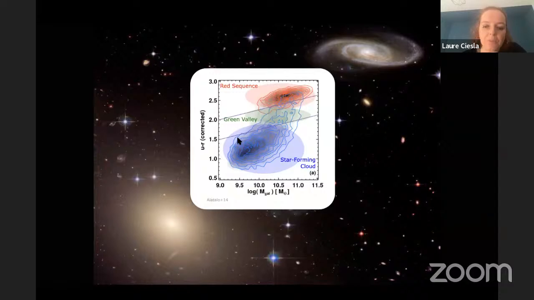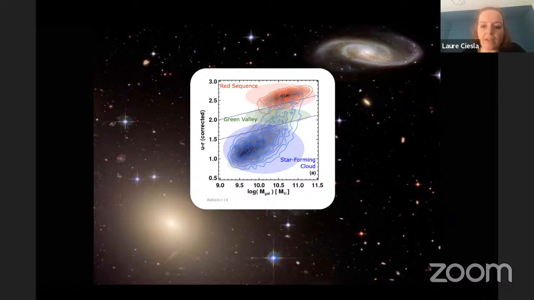You have the blue cloud of the star-forming galaxies, and the red sequence, where you have passive galaxies like the ellipticals that we see here. In between, you have some galaxies that are in transition, which we call the green valley. One of the main questions that we have is how galaxies move from this blue star-forming cloud to the red sequence of passive galaxies.